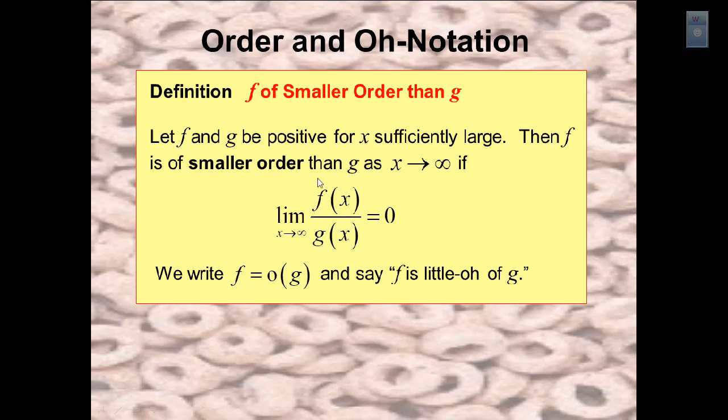Going back to what we were talking about, that means that f of x is going to grow at a slower rate than g. And what we would do is write f equals little o of g, and the way you say that is f is little o of g. So if one thing grows at a slower rate than another, we say it is of little o of that function.